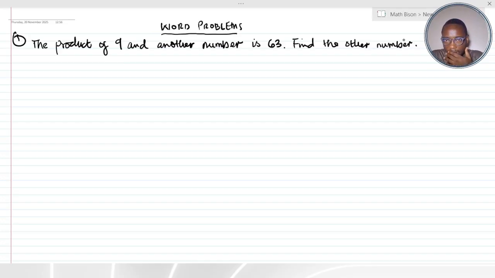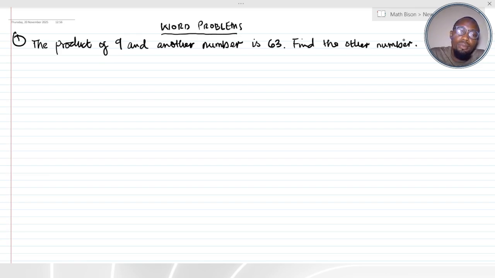All right. In this question, I'm picking the basic ones because we need to start from easy, the simple questions, to the more delicate ones. The underlying key ideas are still the same. If you can solve the simple ones, you'll also be able to solve the big ones. So the product of 9 and another number is 63.